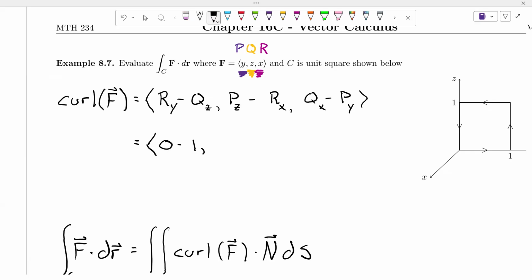Then P partial z: that's y partial z, which is 0, minus R partial x: x partial x is 1. Thirdly, Q partial x: z partial x is 0, minus P partial y: y partial y is 1. So our curl looks like it's going to be -1, -1, -1.